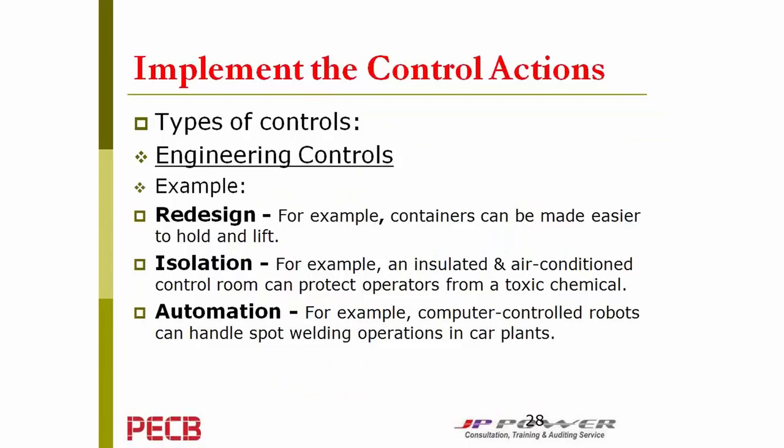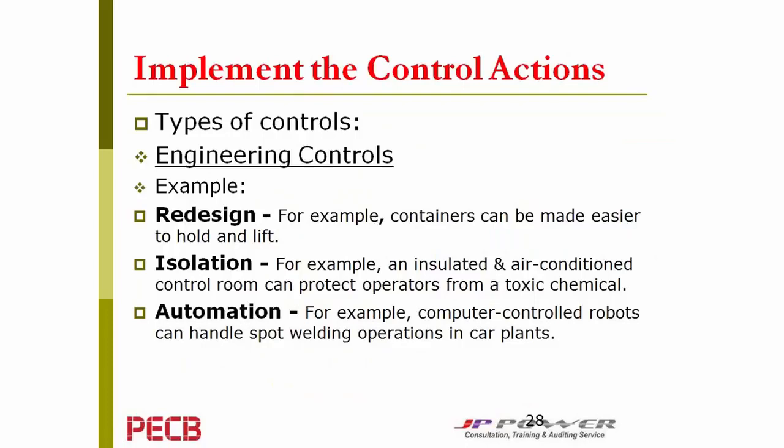There are a few choices here. First, we can isolate the place where the noise is coming from other places. We can protect the people in other places from being exposed to the noise. Or we can redesign the workplace in such a way that the noise is contained.